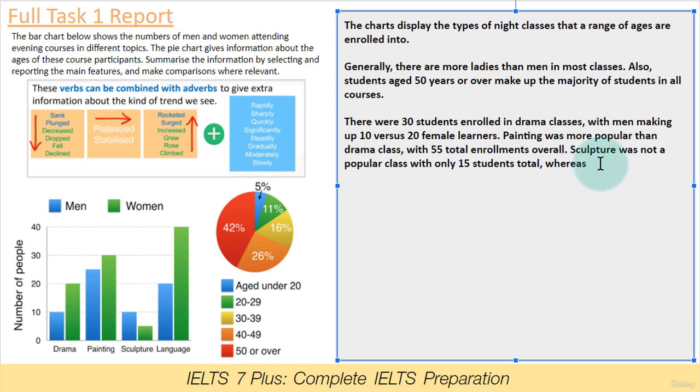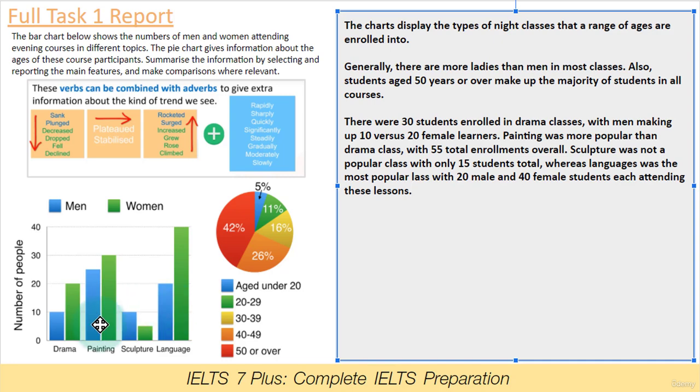Whereas languages was the most popular class, with 20 male and, we'll just use, with 20 male and 40 female students each attending these lessons.